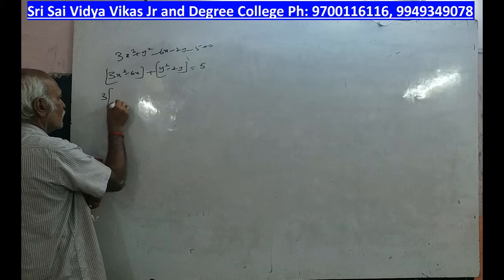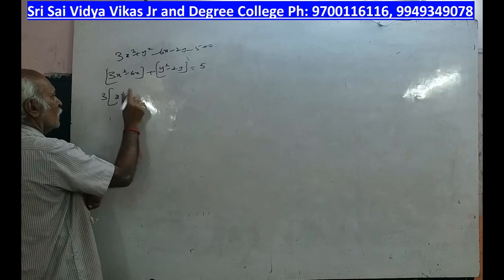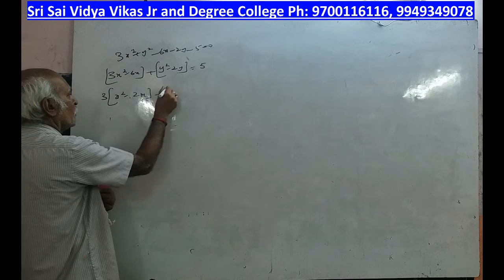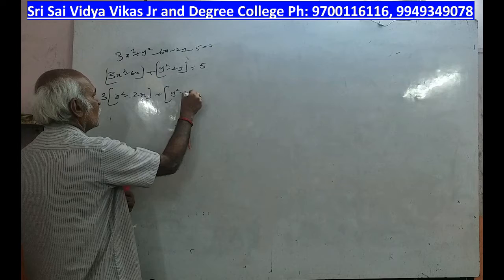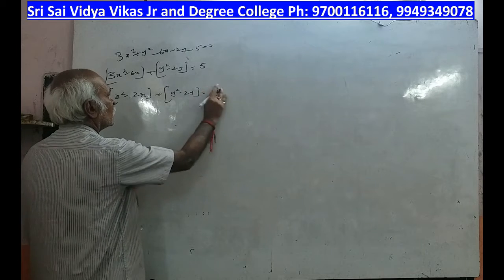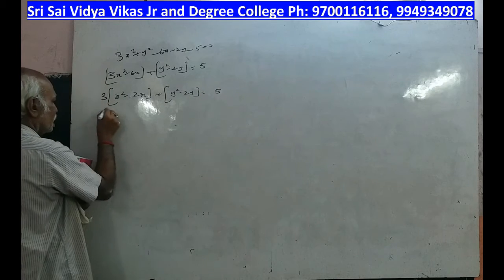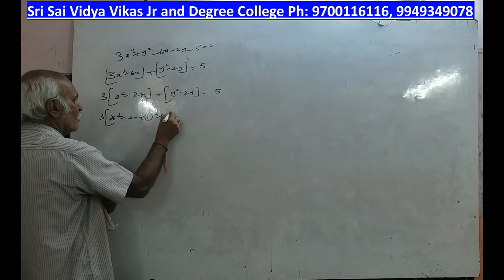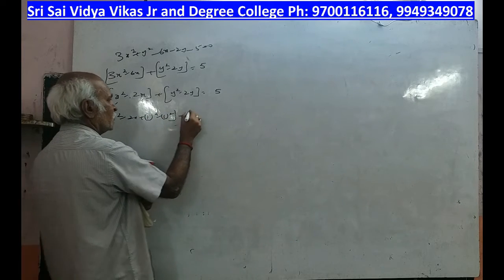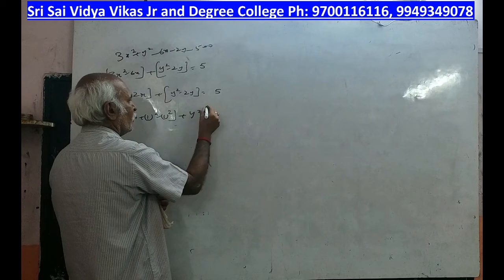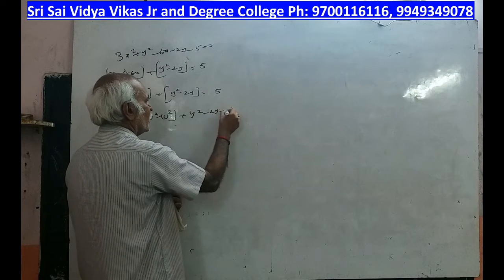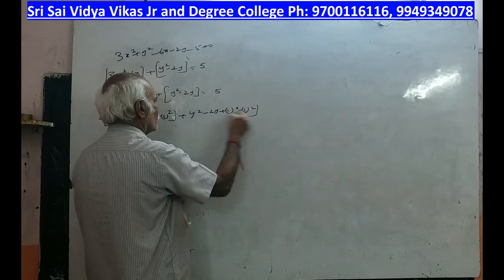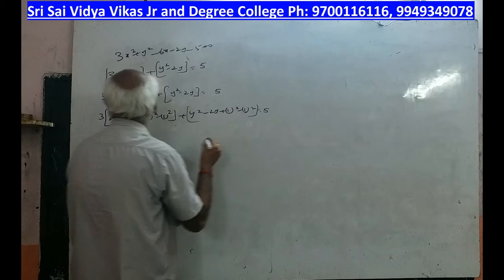So 3 common: 3(x² − 2x) plus y² − 2y is equal to 5. Now 3 into (x − 1)² − 1² plus (y − 1)² − 1² is equal to 5.